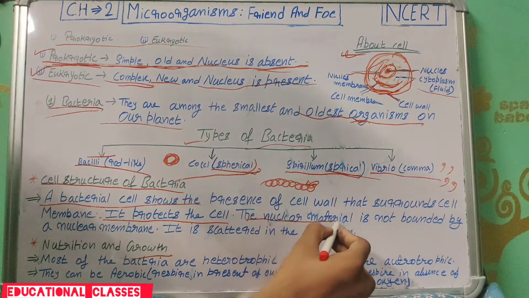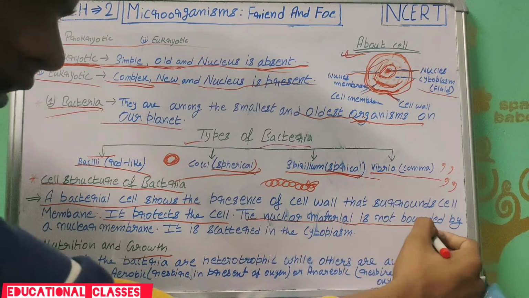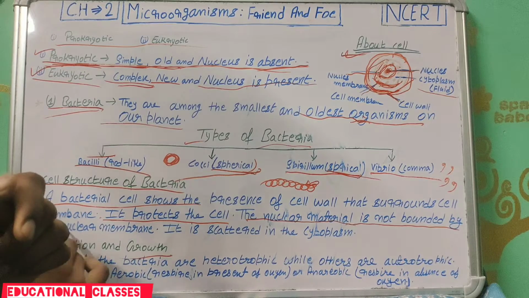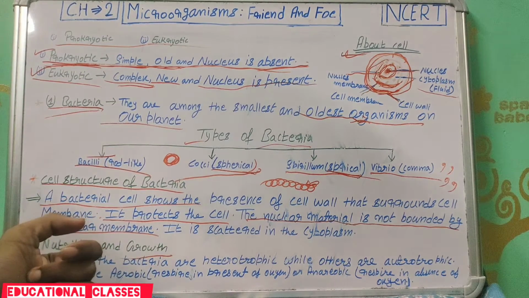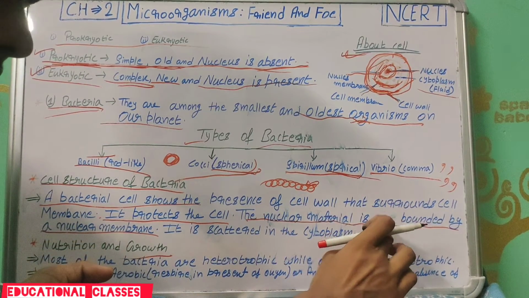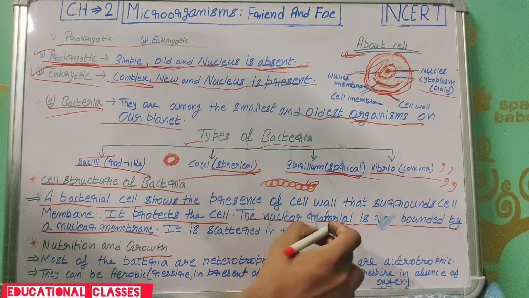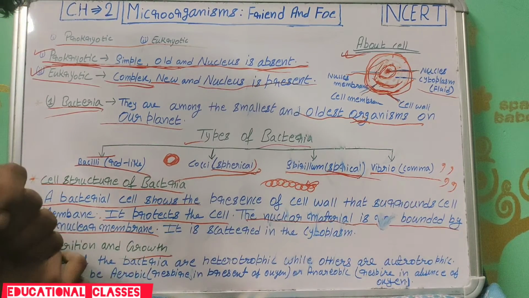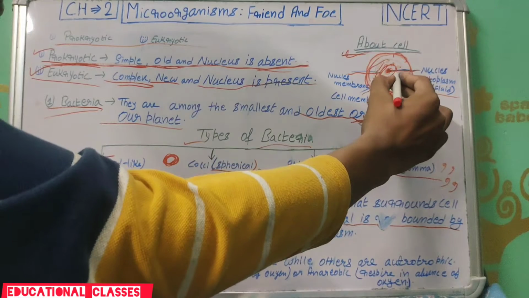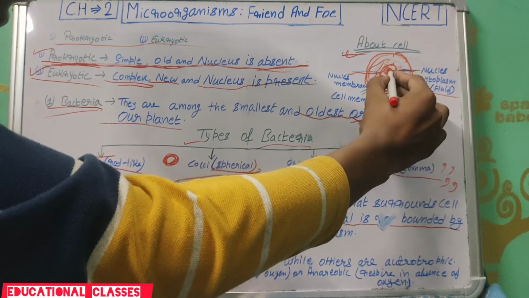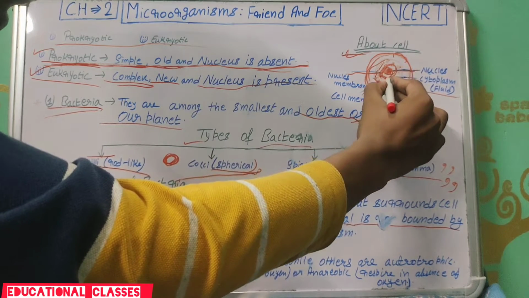The nuclear material is not bonded by a nuclear membrane. Sorry, here it will be bonded. So the nuclear material is bonded by the nuclear membrane. This is the nuclear material, this one is the nucleus, and it is bonded by the nuclear membrane.